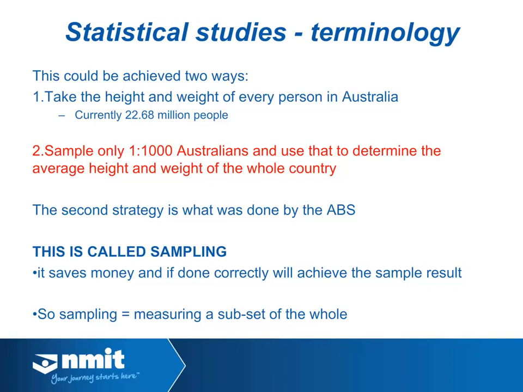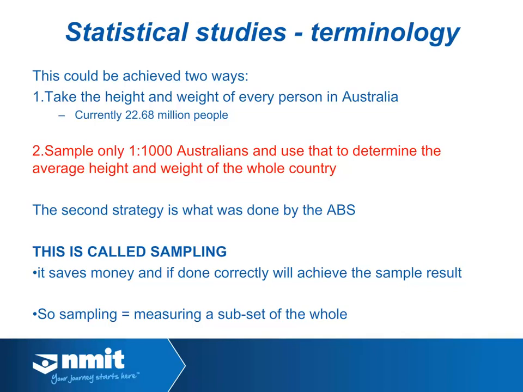This sampling method, rather than this comprehensive method of measuring everybody, getting a subset, is a lot cheaper and a lot more practical than the comprehensive method. And also, if it's done right, it's nearly just as accurate.